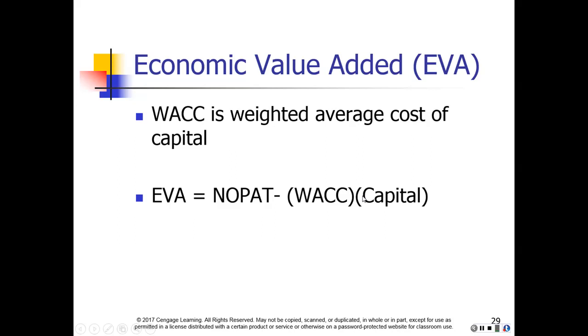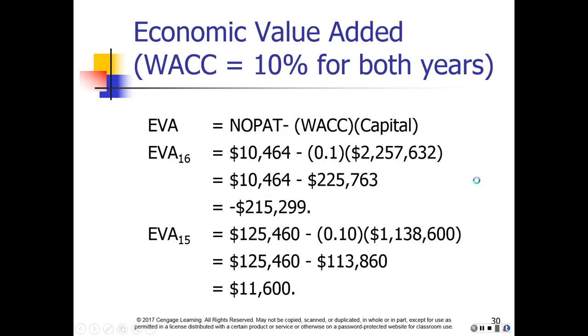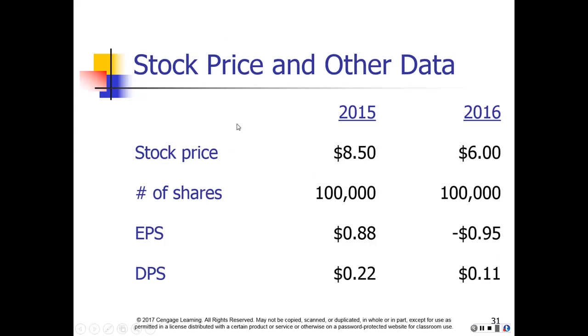WACC is in percent, but when we multiply it by the amount of capital, we get the dollar cost of capital. Subtract that from the dollar amount of net operating profits after taxes, and we get economic value added. So economic value added for 2016 is negative 215,299. For 2015 it was positive 11,600.